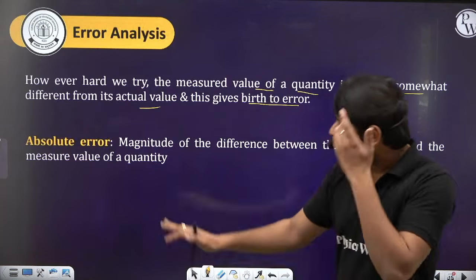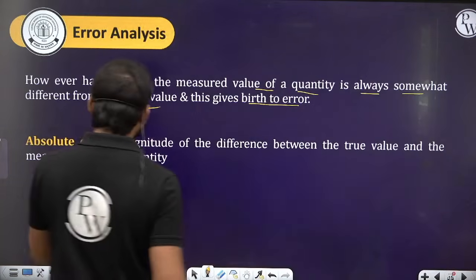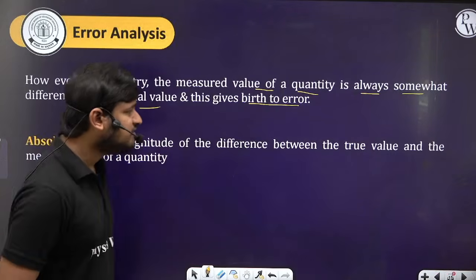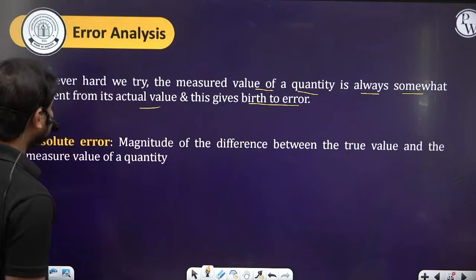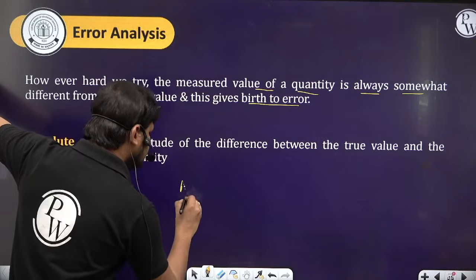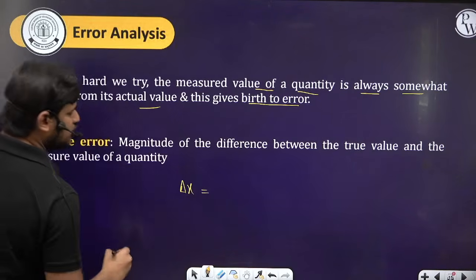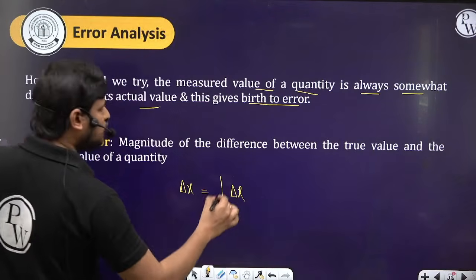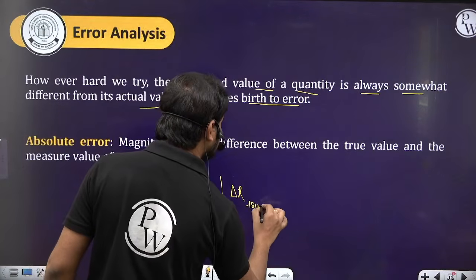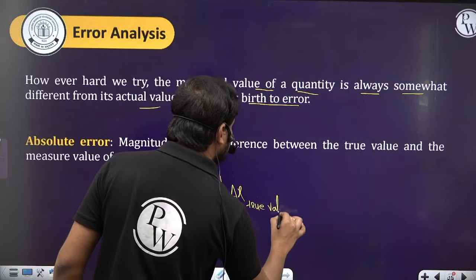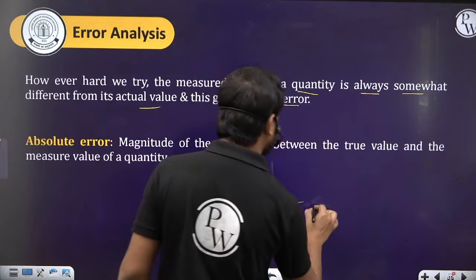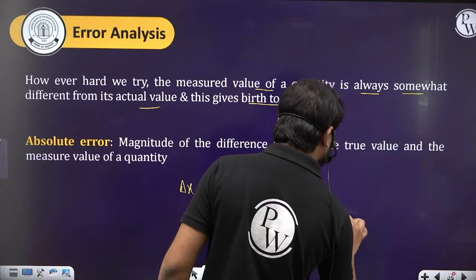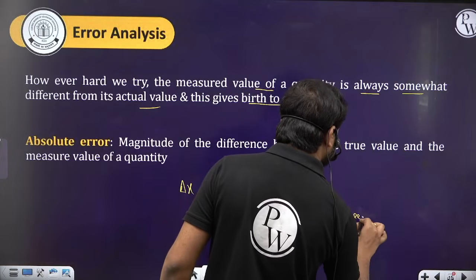The first one is the absolute error. The absolute error is nothing but the magnitude of the difference between the true value and the measured value. So delta x is the absolute error: you have to take the magnitude of the true value minus the measured value.